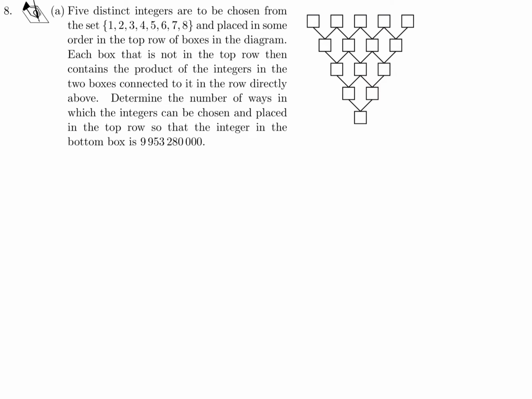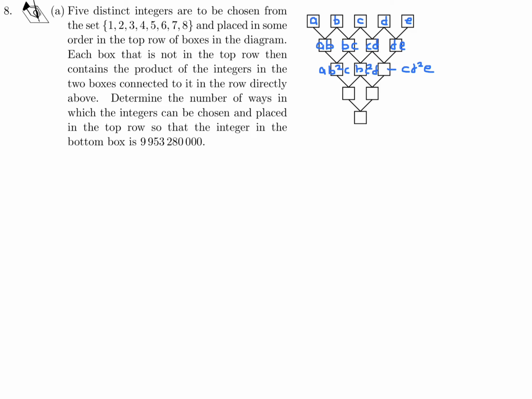Well, let's say that those are A, B, C, D, and E. Well, this will be AB, this will be BC, this will be CD, this will be DE. This will be AB²C, this is going to be BC²D, and this box will be CD²E.